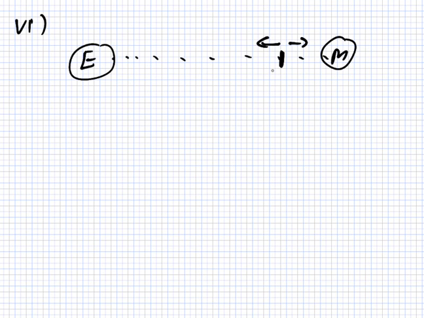Which would you prefer? Okay. So what you can say is here, the gravitational field strength from the Earth is the same as the gravitational field strength from the Moon. They both cancel each other.